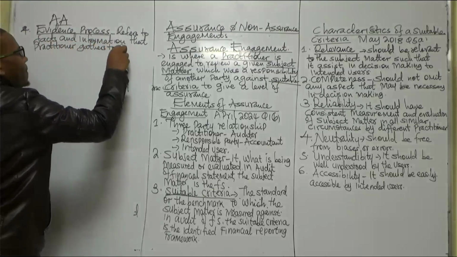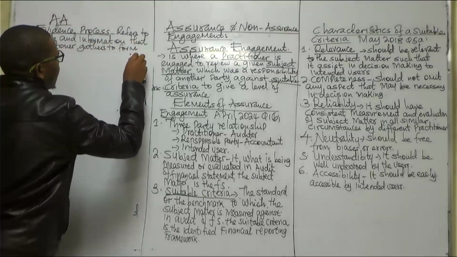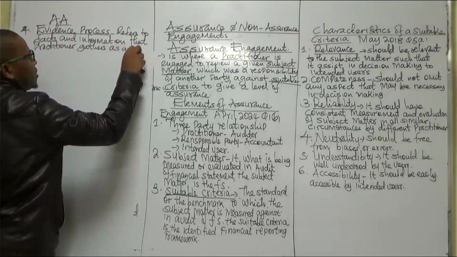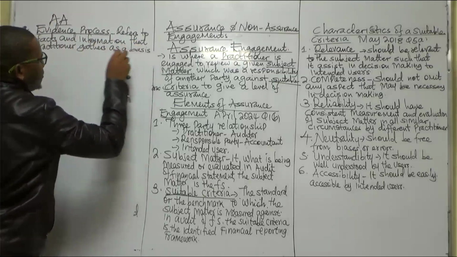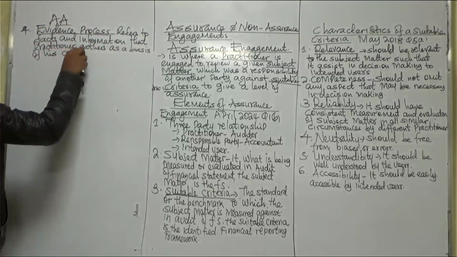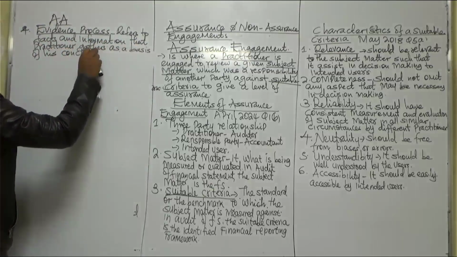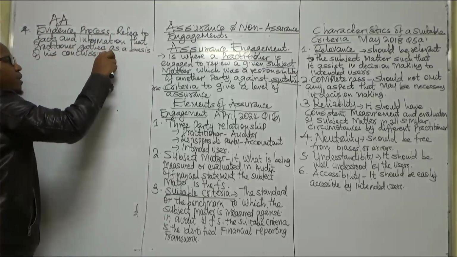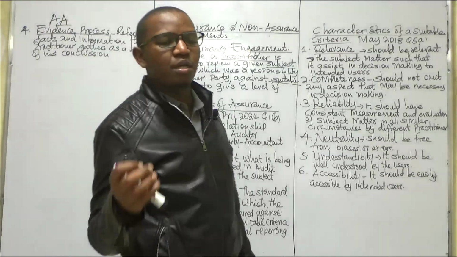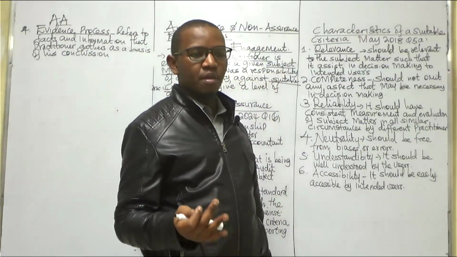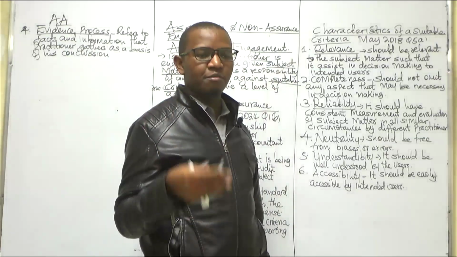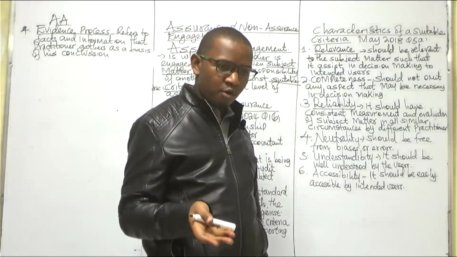To form, or as a basis of this conclusion. So this is the evidence now, which in our auditing we say that the audit evidence should be sufficient, appropriate audit evidence.